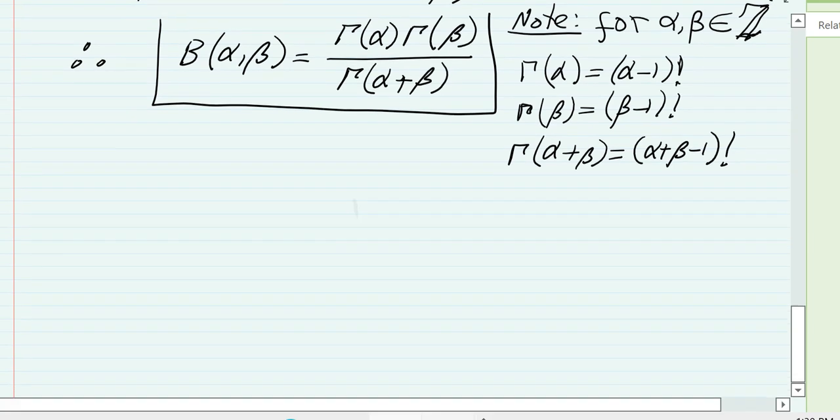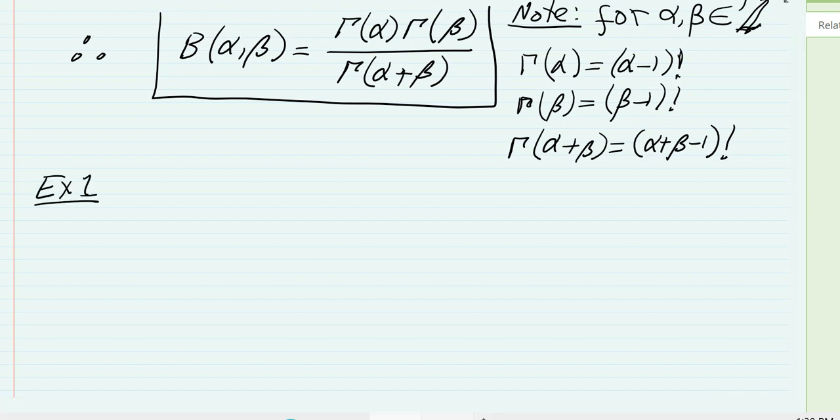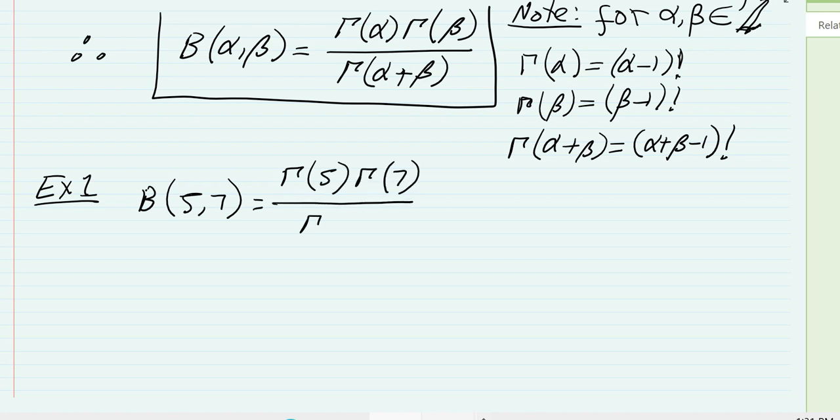So let's take a look at an example and see how we can actually take advantage of this to evaluate some integrals. First, I'm going to just try this relationship. I want to find beta of 5, 7. Now beta of 5, 7 means gamma 5 times gamma of 7, and then in the denominator you combine 5 and 7, we get 12.